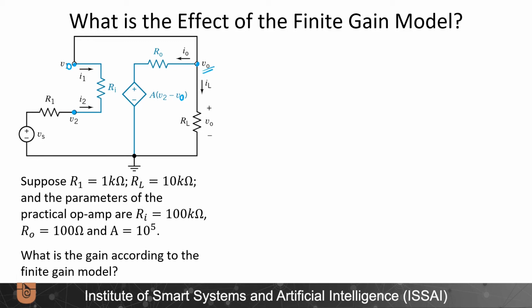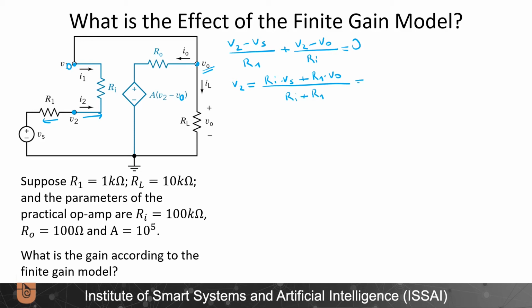So let's write it first for V2. (V2 minus Vs) divided by R1. This is the current going this way. And now I need to add the current going this way: plus (V2 minus V0) divided by Ri is equal to 0. From here I can find V2 as (Ri times Vs plus R1 times V0) divided by (Ri plus R1).